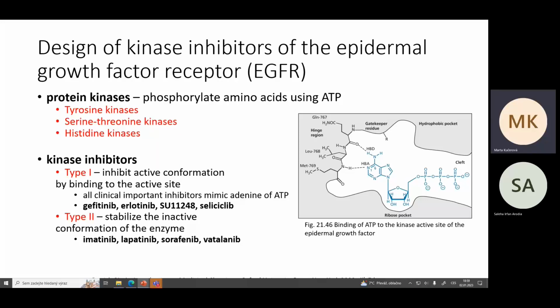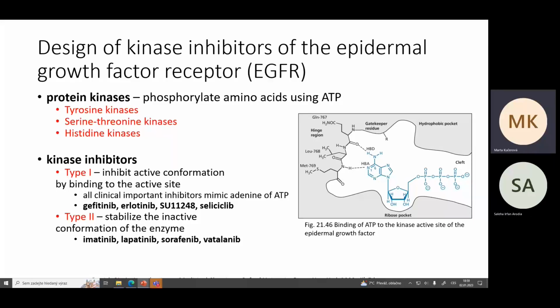We have an excellent story of kinase inhibitors of epidermal growth factor receptor that belongs to protein kinases. These are enzymes, membrane-bound enzymes with intracellular and extracellular moiety.